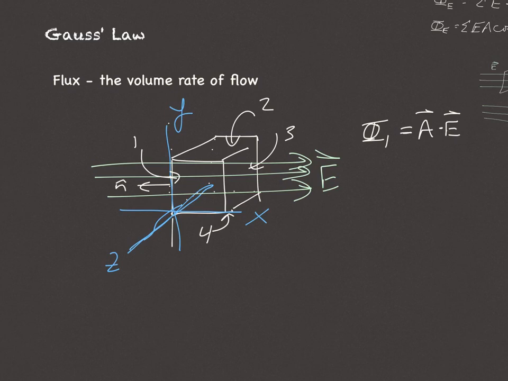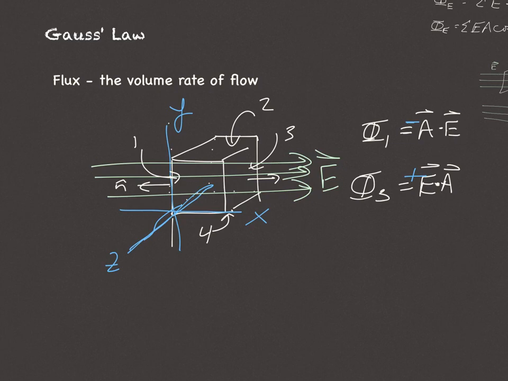So therefore, the flux would be negative. For surface 3, the normal's pointing in the same direction, we would get a positive flux. All right, so this flux is negative, this flux is positive.